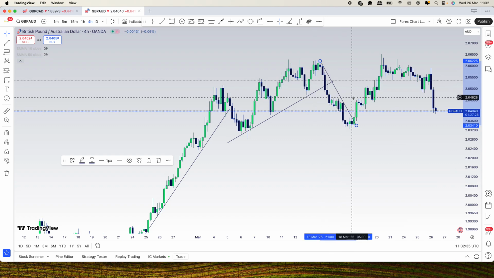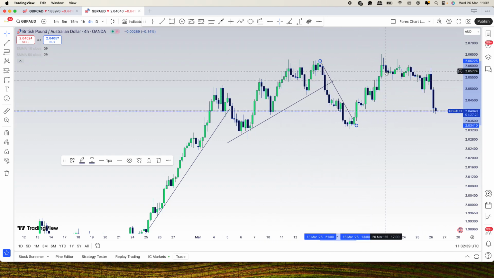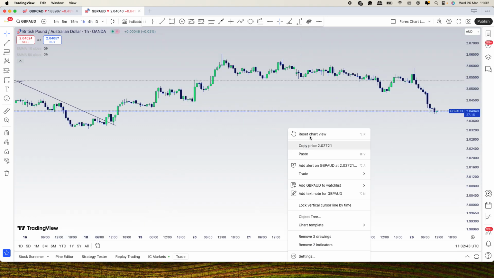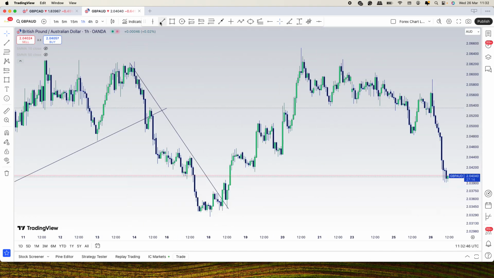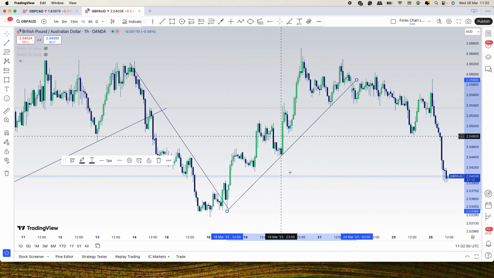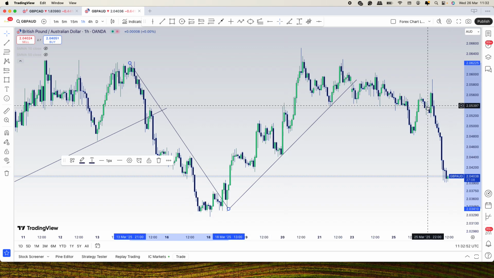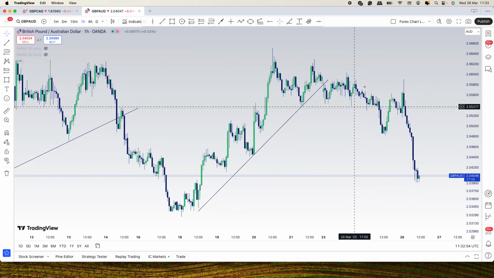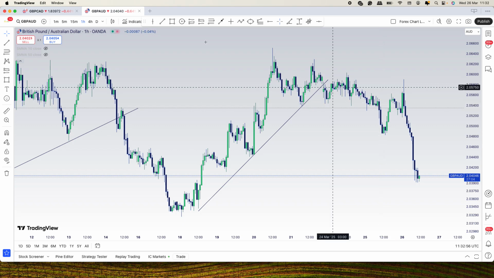We look for the market structure shift, and then you go up, and then we go up here, and we can see that this is a really nice uptrend, and we're just waiting for the position to be able to get into something lower down.